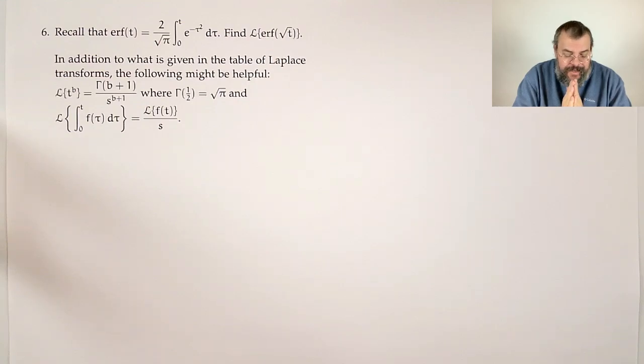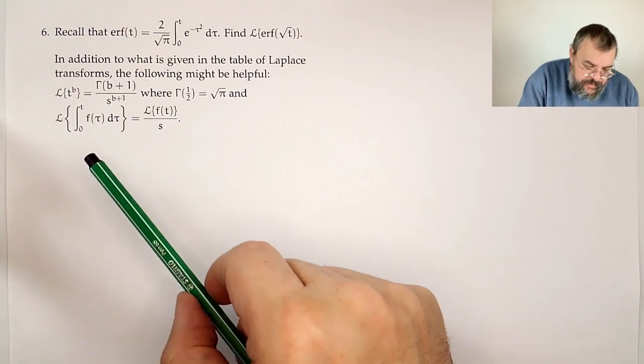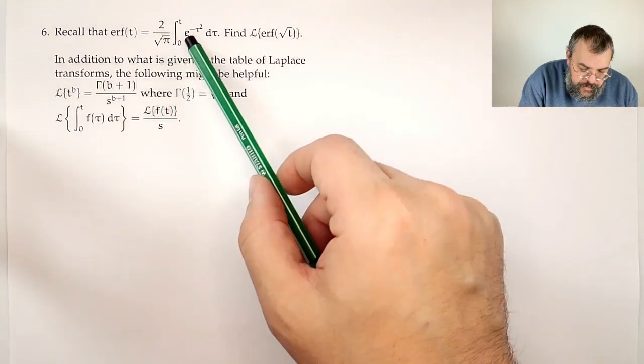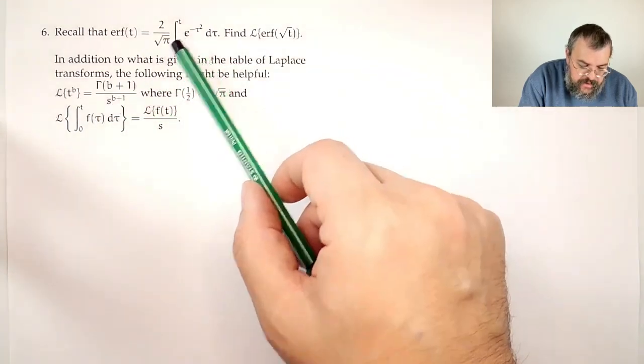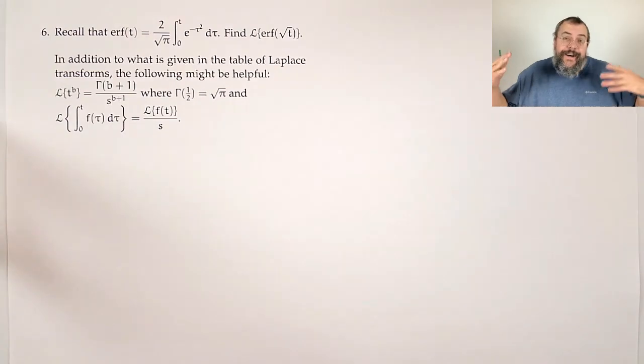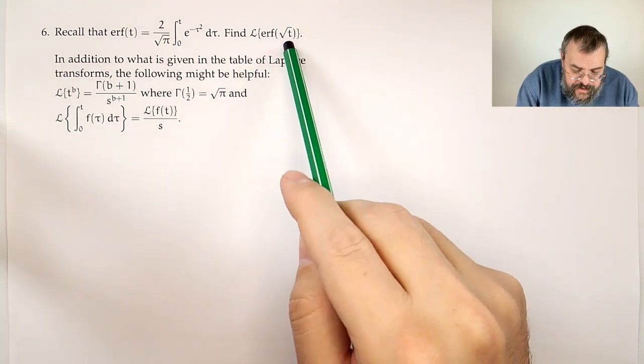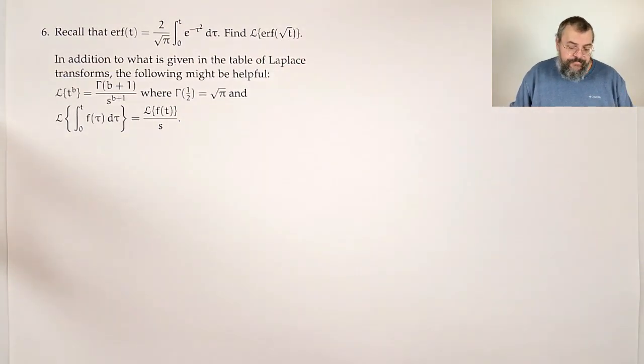All right. Well, we have to be careful here, because you might say, wait, how do we go from this to there? Because you're like, oh, I see an integral 0 to t, and I see an integral 0 to t. You're like, aha, that's perfect, right? But if we look a little closer, we want to actually do ERF of root t.